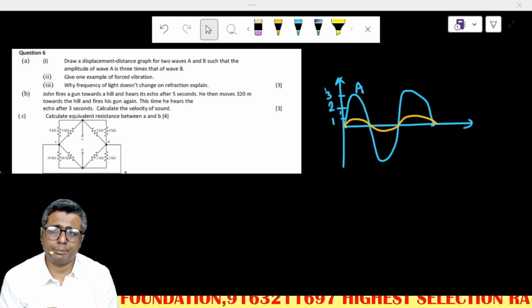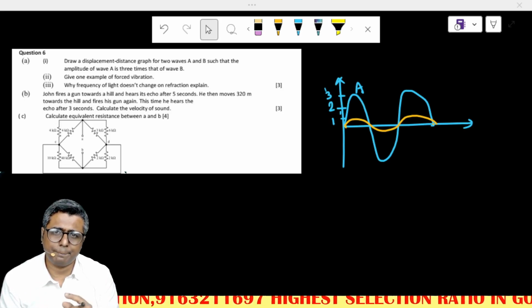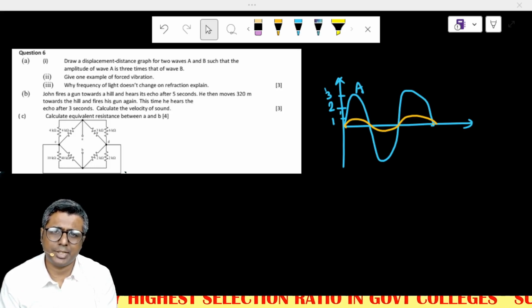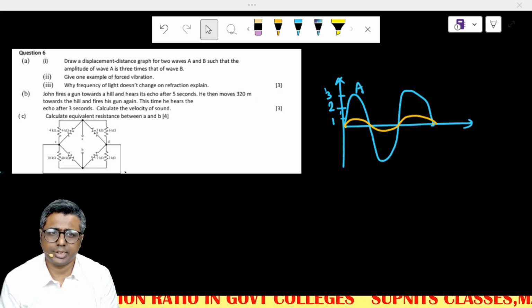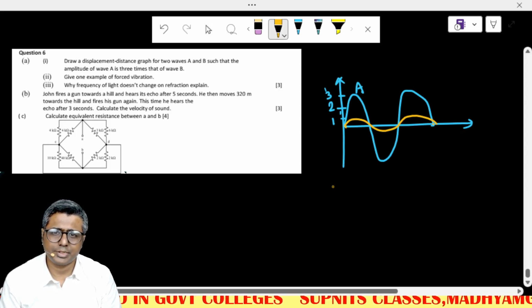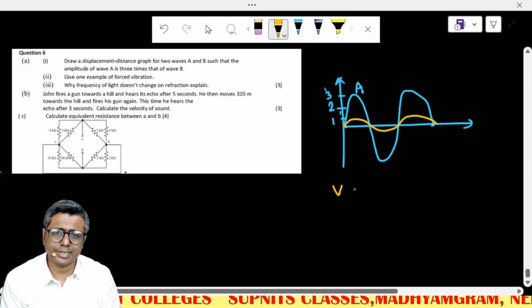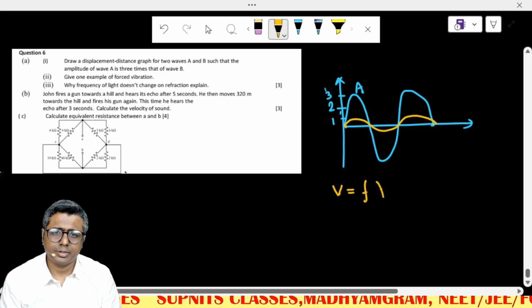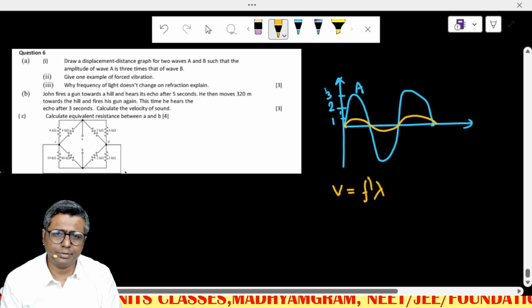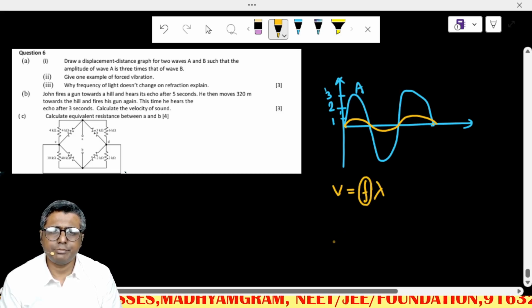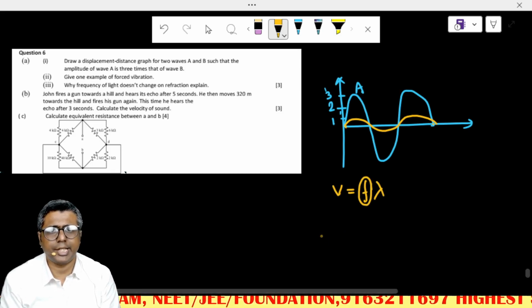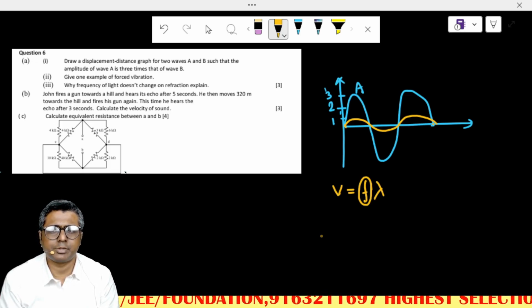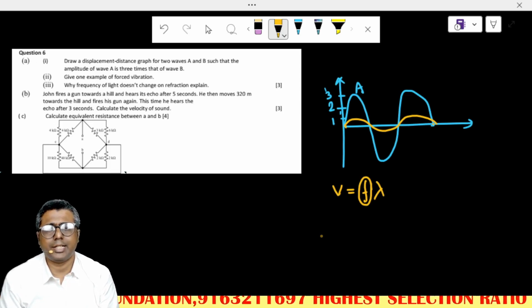If 5 waves pass through one medium per second, those 5 waves have to pass through another medium also in the same amount of time, that is 1 second. That cannot change. So whenever velocity decreases, lambda decreases and frequency remains constant. Frequency is the number of waves per unit second, and that cannot change.